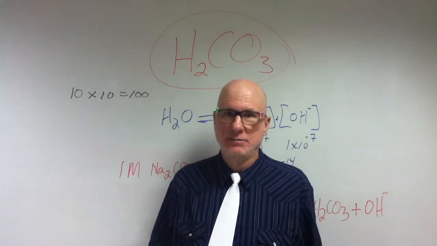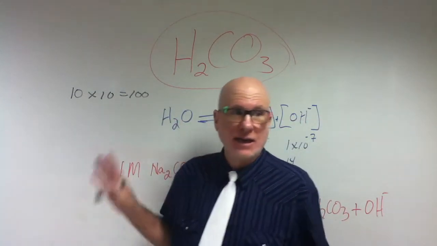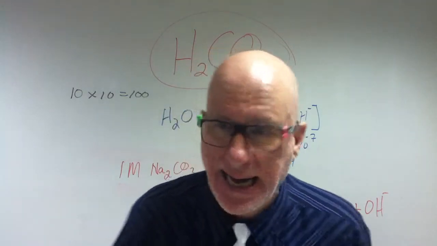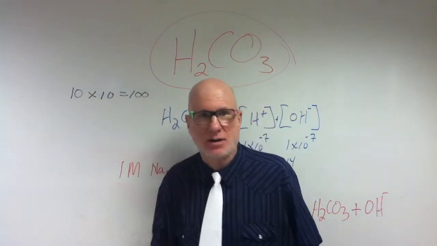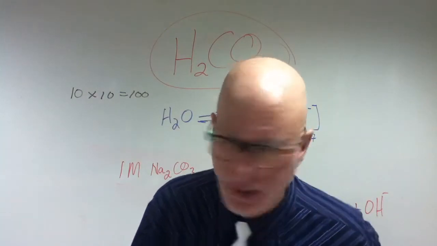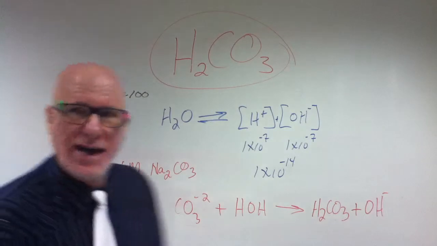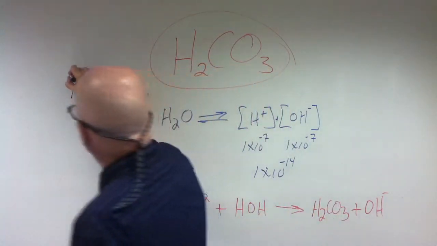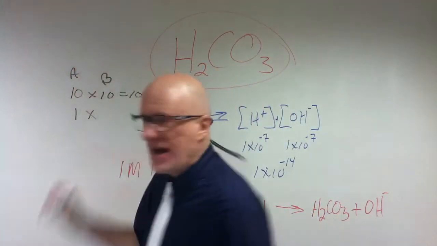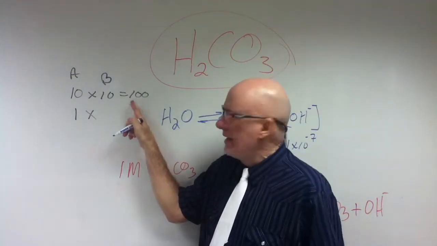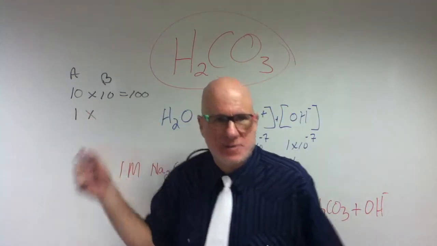The left side can be whatever you want it to be, but the right side has to be 1, 0, 0. Is that okay? Okay. So I'm going to make that 10 a 1. What do I have to make the other number? I have A and B. I have two factors on the left. If this has to be 100 and A is going to be 1, what must B have to be?